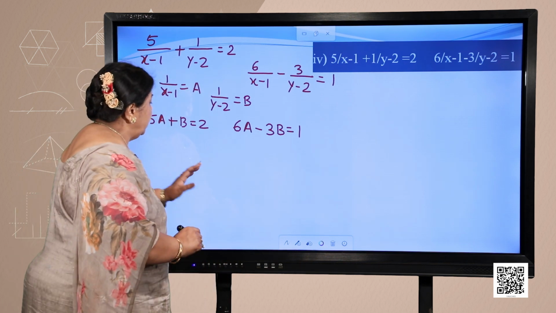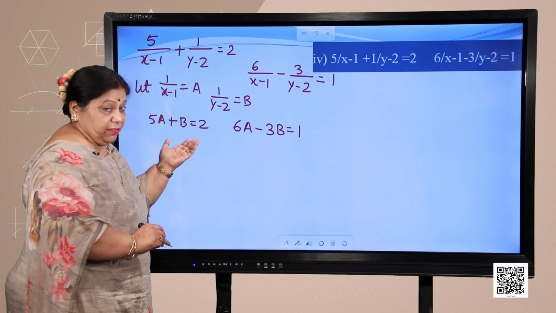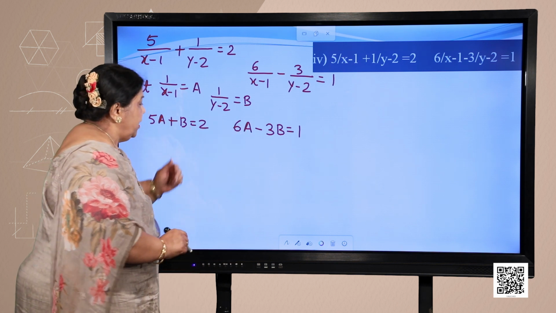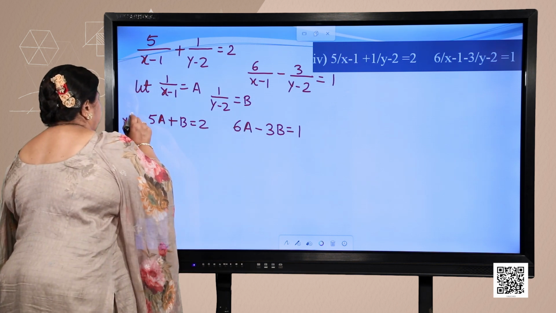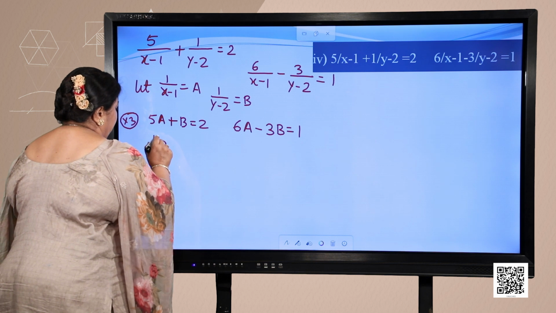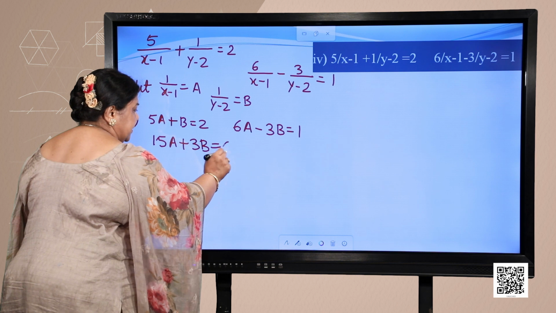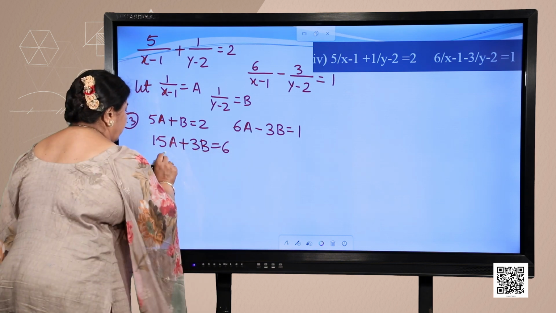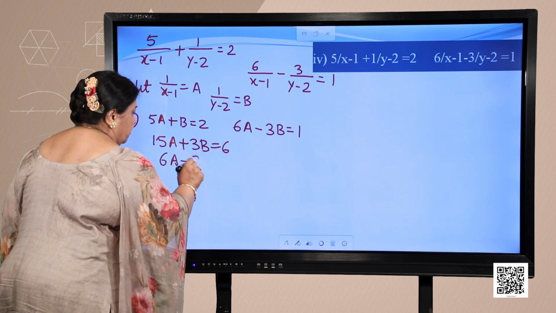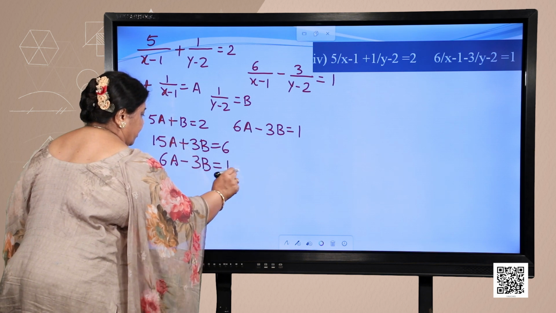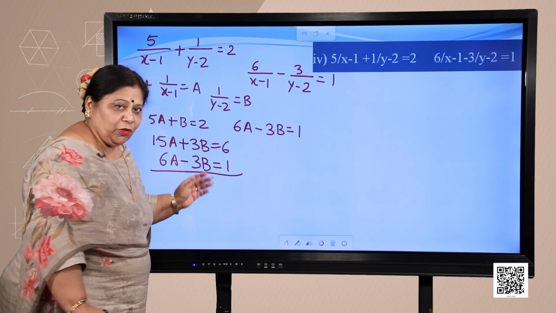Just observe these two. If I multiply first equation by 3, coefficients of b will be equal. So, if I multiply by 3 here, we have 15a plus 3b is equal to 6, and this equation as it is, we can take minus 3b is equal to 1. Beautiful equations.